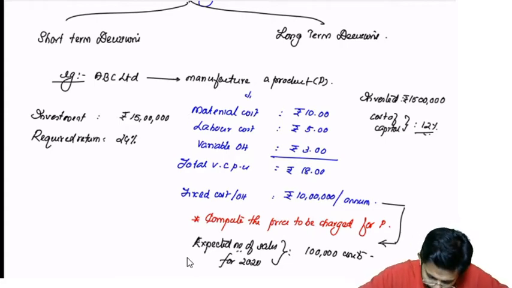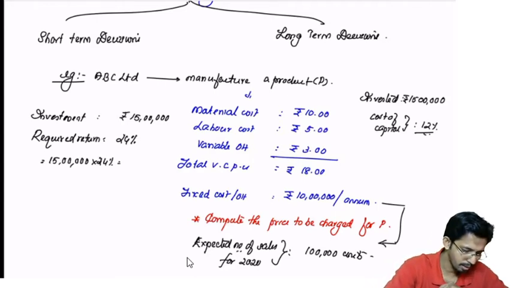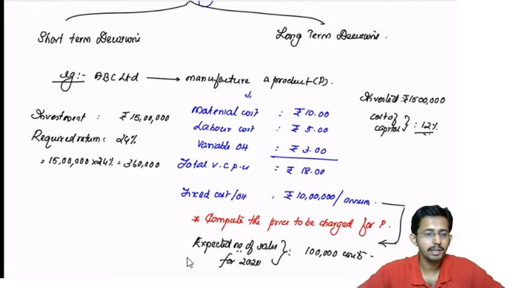So that is equal to 15 lakh into 24%. What will be the amount? 15 lakh into 24% will be 3,60,000. 3,60,000 is the required return.